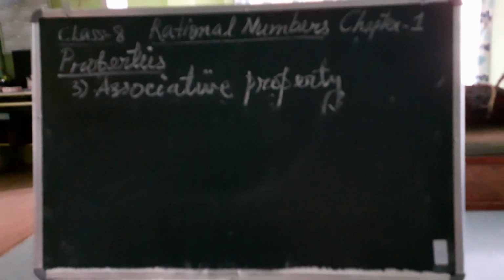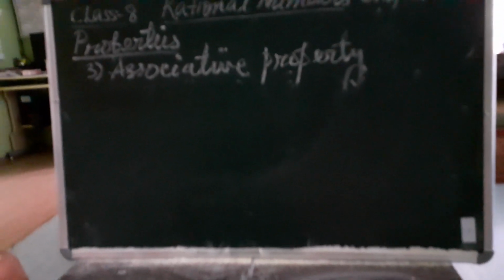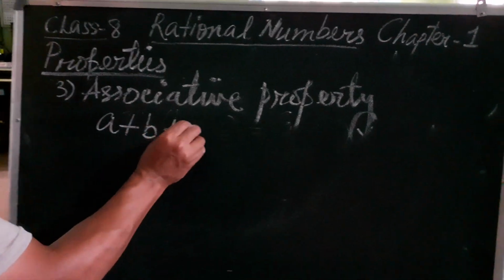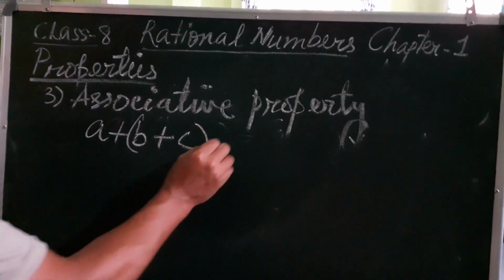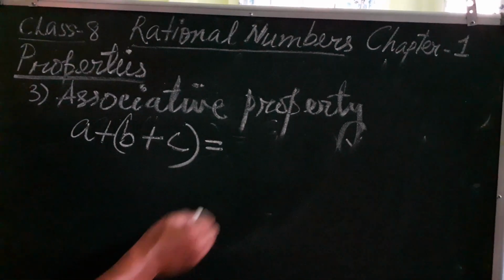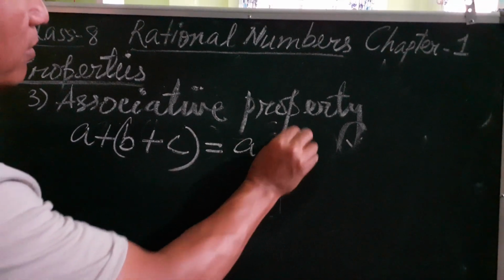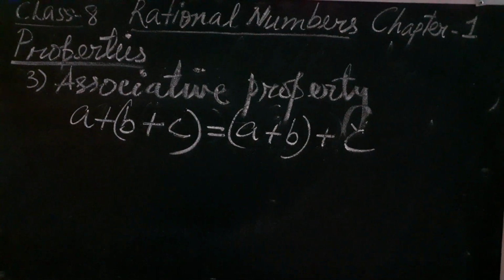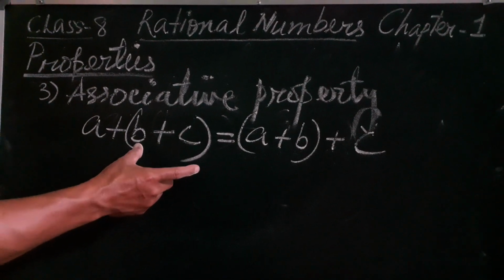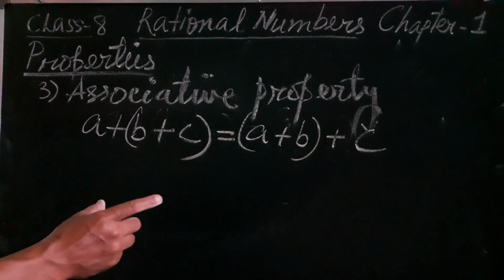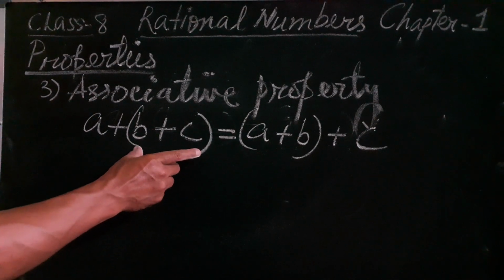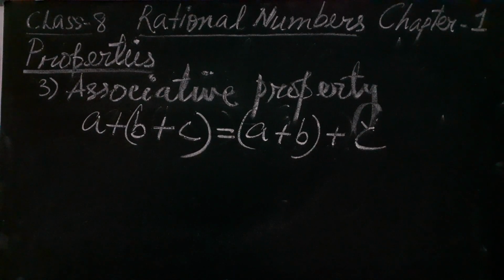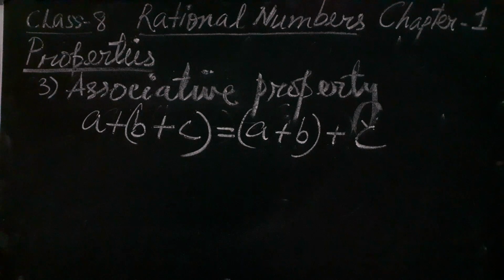If A, B and C are rational numbers, then A plus (B plus C) is equal to (A plus B) plus C. This means that if we change the grouping of rational numbers while adding, the sum remains the same.